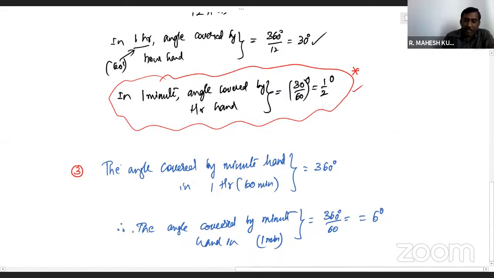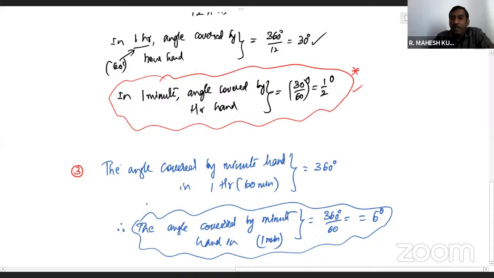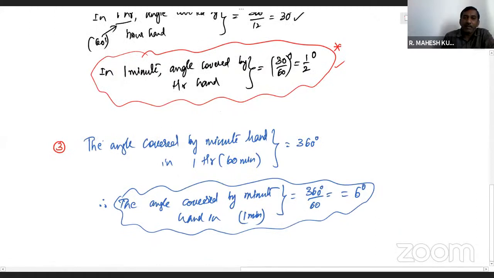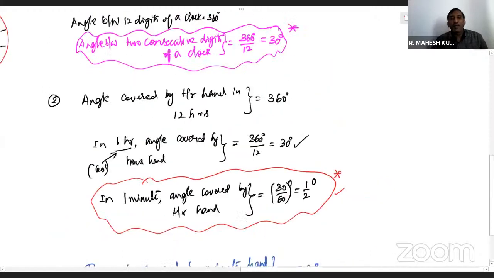This is another useful result. The angle covered by the minute hand in 1 minute is always 360 divided by 60, which is 6 degrees. You need to remember these results.